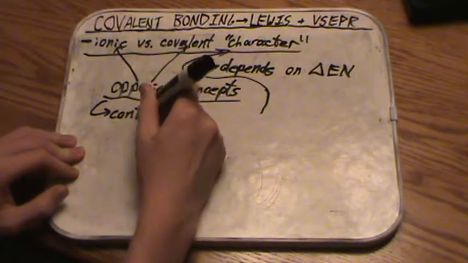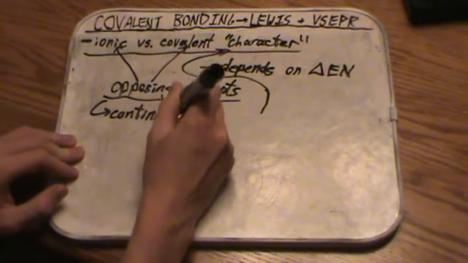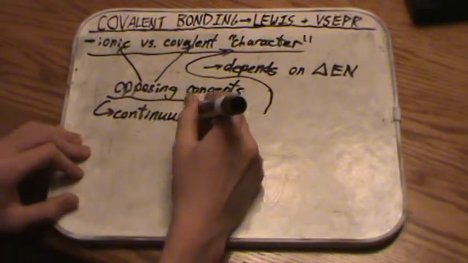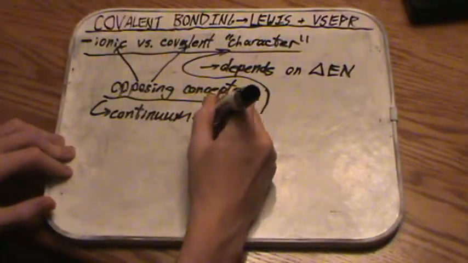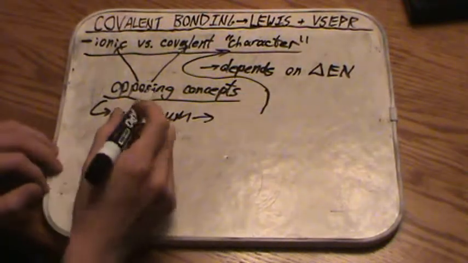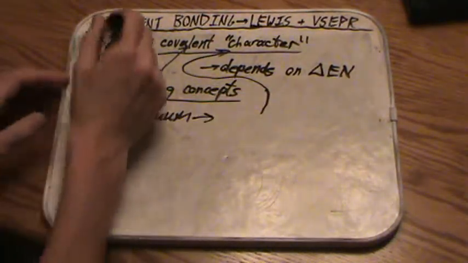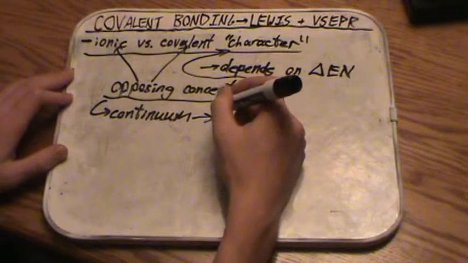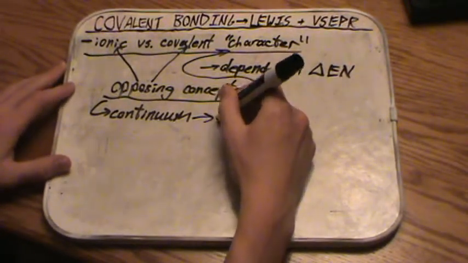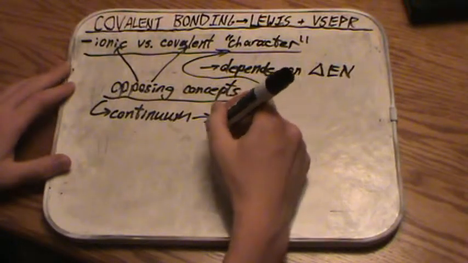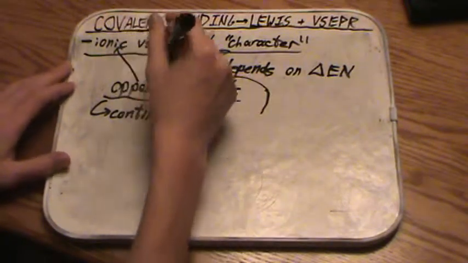Which means that most of the time, when molecular bonding is occurring, there's a little bit of both. So on one extreme, let's just draw the continuum, and then I will tell you exactly what everything means here.